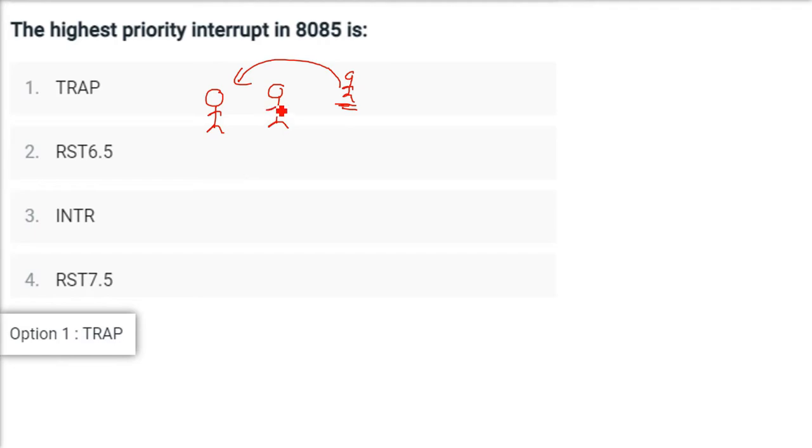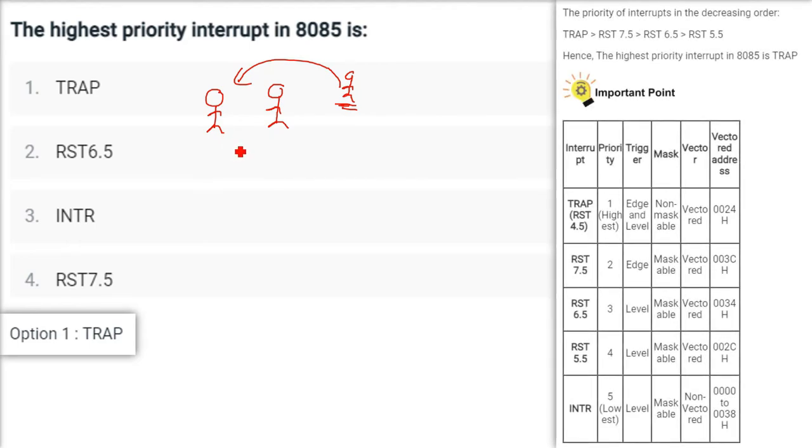So the highest priority, that is, you need to listen to what the other person has to say before carrying on the meeting. That is the trap. The trap is the highest priority interrupt. Okay. So there are software interrupts and hardware interrupts, and in the priority of interrupts, the top one is trap.